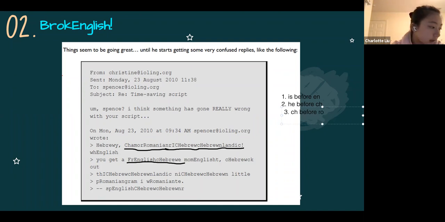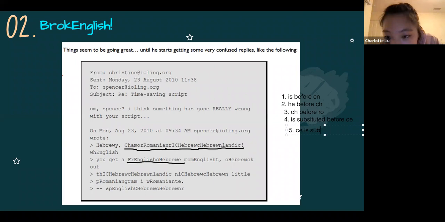And then we'll also just see that IS is substituted before CE. And then lastly, we get that CE is substituted before HE. So just the same method as before, we see that some of these words could have been substituted by others, but it wasn't substituted because it's not always substituted.